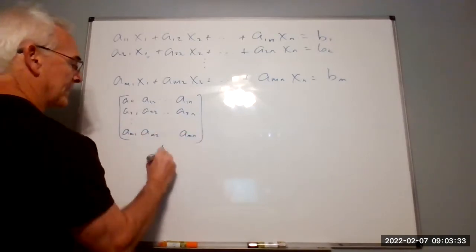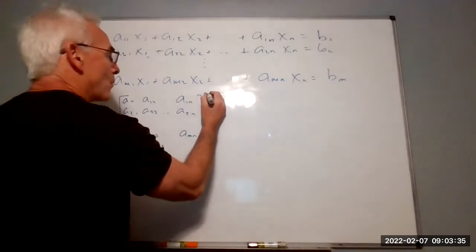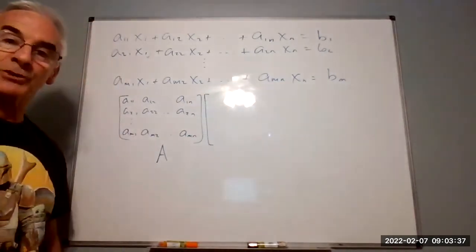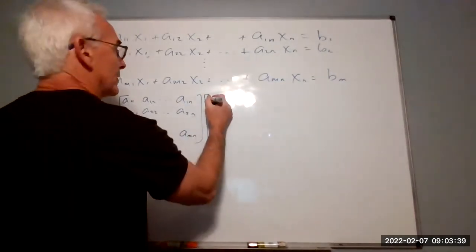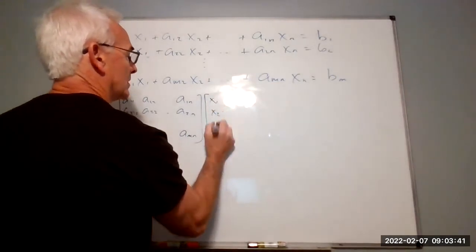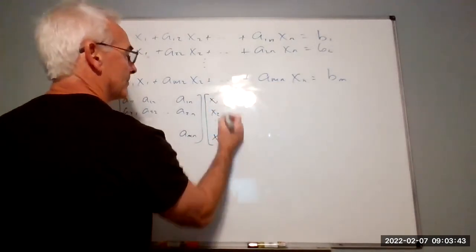We'll call that big matrix A. Now I want to have what's called a column matrix, but my column matrix will be the variables, x1, x2, all the way down to xn.